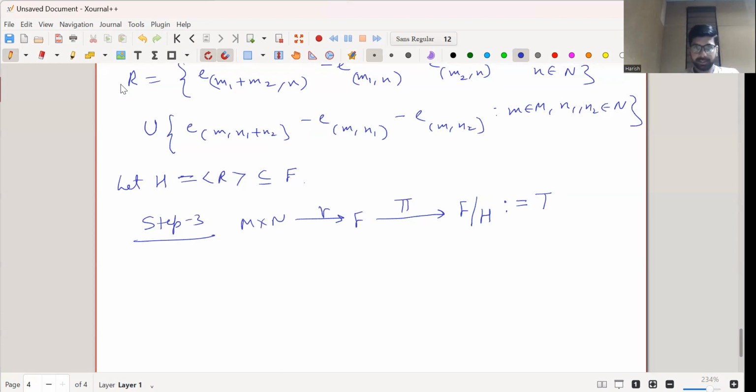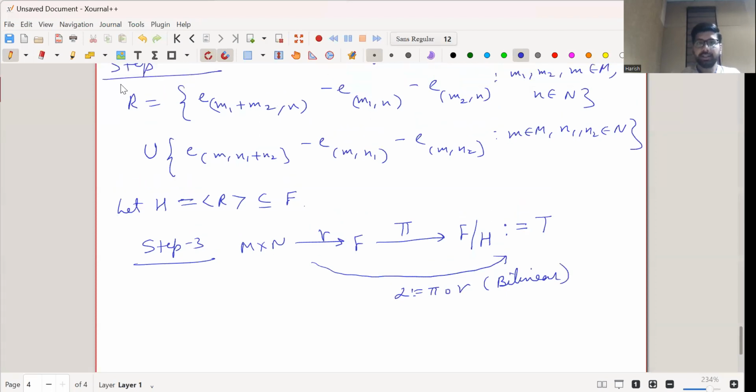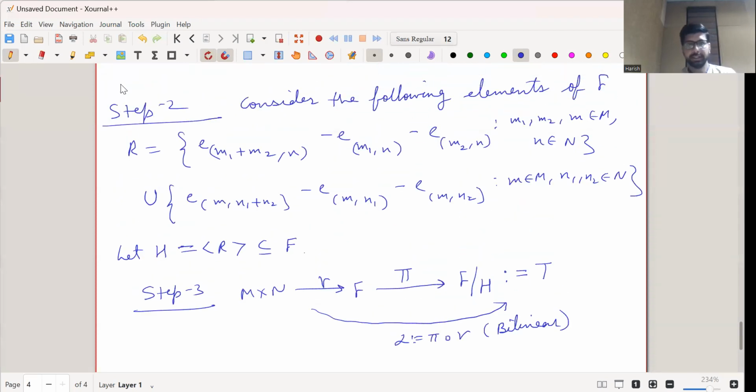So what is a bilinear map? If you compose these two, alpha is nothing but phi composed with gamma, and this is bilinear, which you can check. Why is it bilinear? That's because of the nature of H. So here we are ensuring the bilinearity.